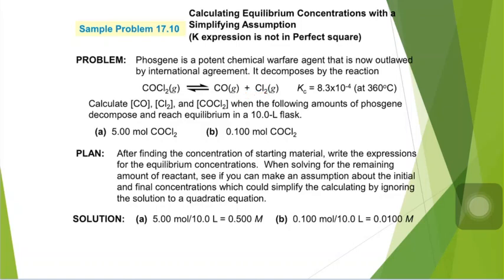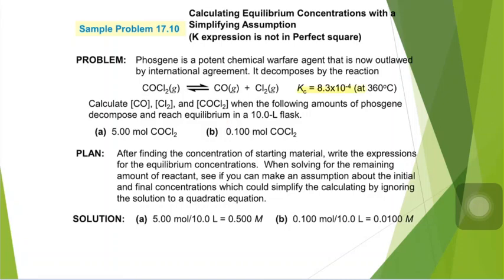This is a reaction of COCl2 producing CO plus Cl2. The Kc is given as 8.3 times 10 to the power of negative 4. The question asks us to calculate the concentration of the components of the reaction when the following amount of the phosgene is decomposed and reaches equilibrium. This means we have to calculate their concentration at equilibrium.